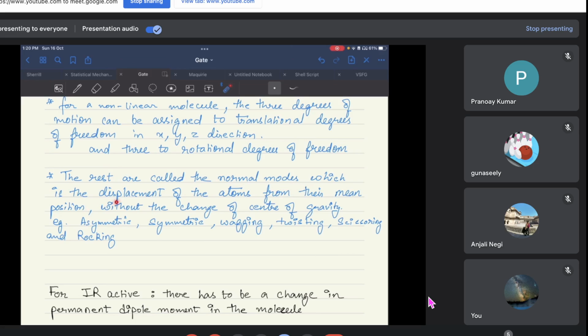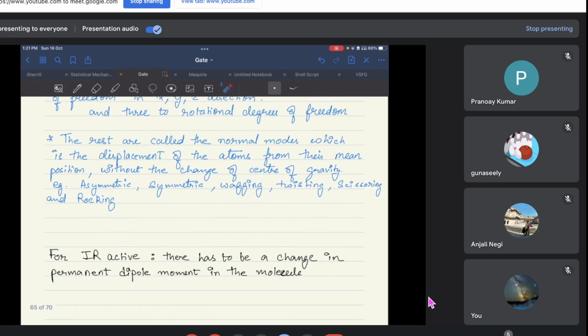Examples of these are asymmetric, symmetric, wagging, twisting, scissoring, and rocking. So the names you are reading here as examples, just search them, because you can have a look at the GIF or particular videos showing the motion to get it understood.